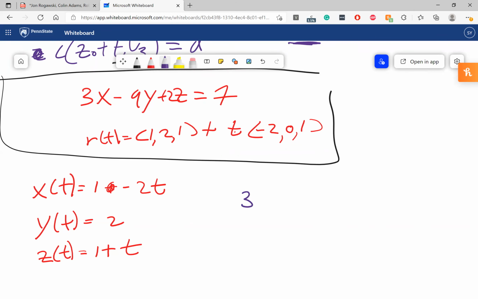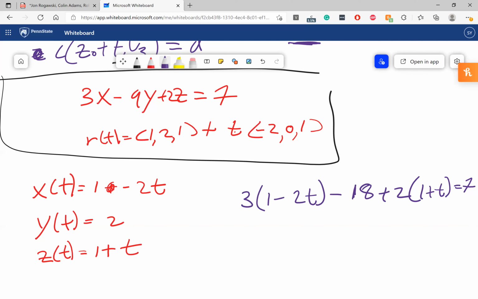So that tells me that 3 times 1 minus 2t minus 18 plus 2 times 1 plus t is equal to 7.